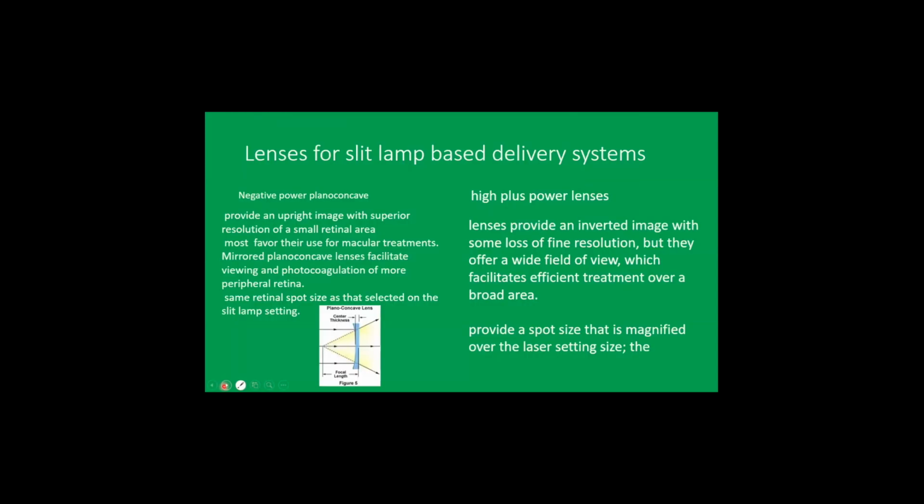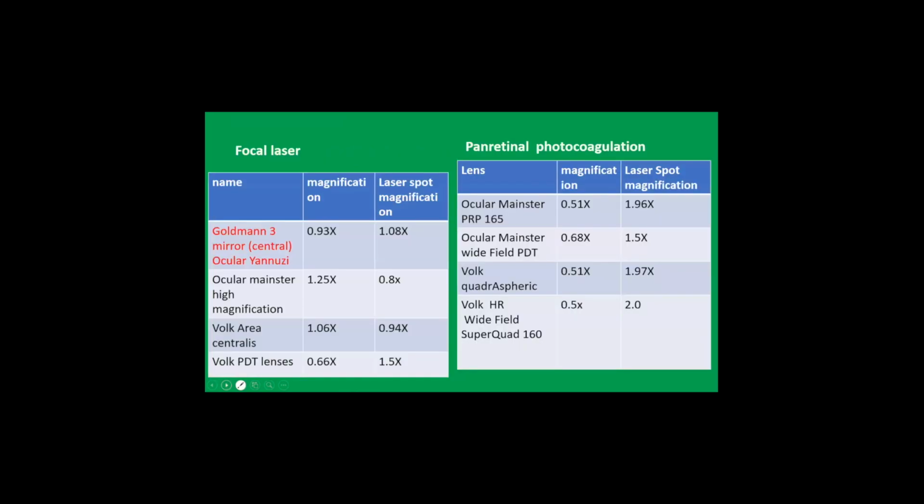In terms of the lenses that we use mainly for slit lamp delivery, we use contact lenses, and we have the negative power plano-concave lens and high power plus lenses. In modern day, a lot of the lenses that we use are the high plus power lenses that give an inverted image of the retina.